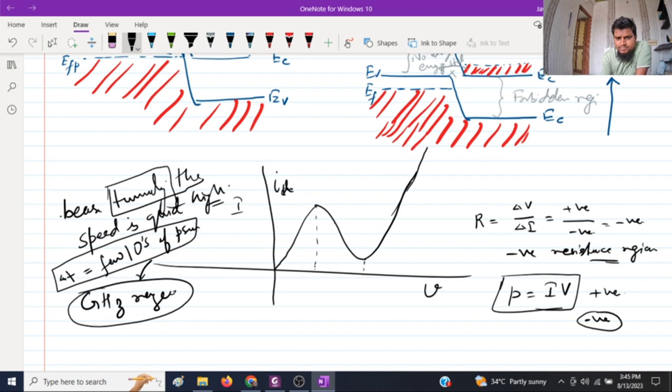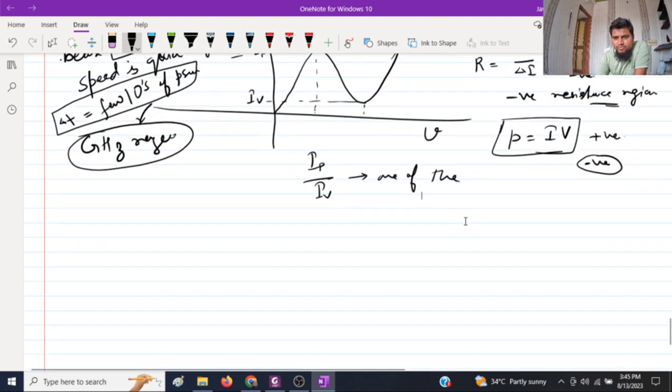These tunnel diodes are sometimes also characterized by the ratio IP by IV, which is one of the figures of merit of a tunnel diode.